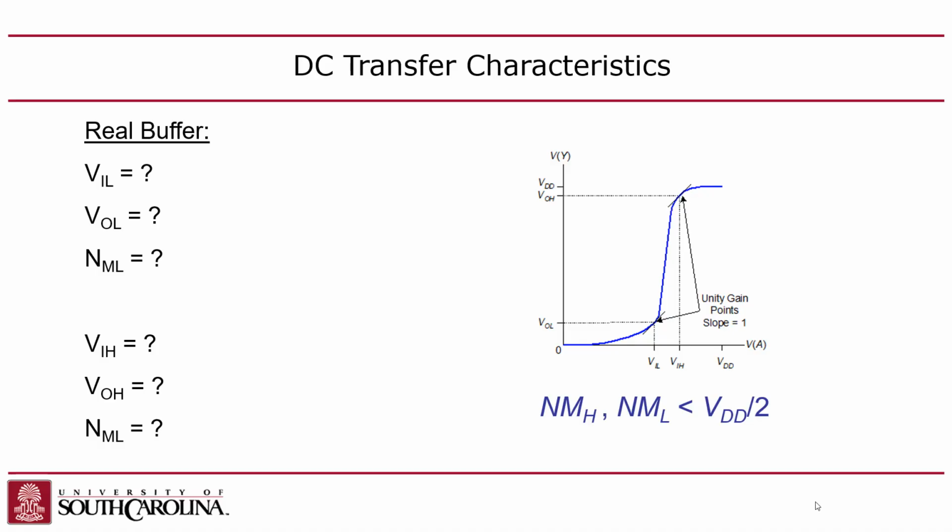So if you look at the curve, the horizontal axis is the input voltage, and the vertical axis is the output voltage. What ends up happening is that as you start to increase the input voltage, the output voltage creeps along a little bit, slower than the rate at which you're increasing the input.